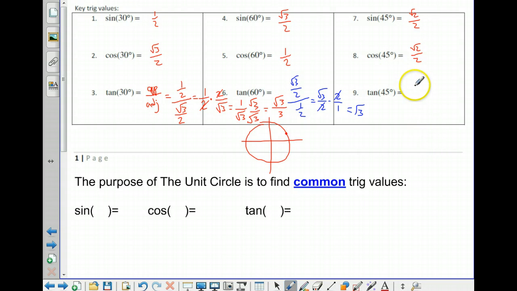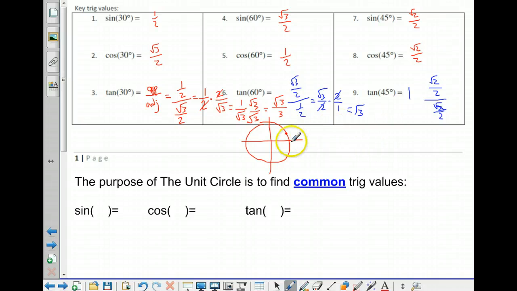And the hardest one, tangent of 45, is what? 1. So it's 1, and if you don't remember why, it's because you have square root of 2 over 2 divided by square root of 2 over 2, and that would give you 1.